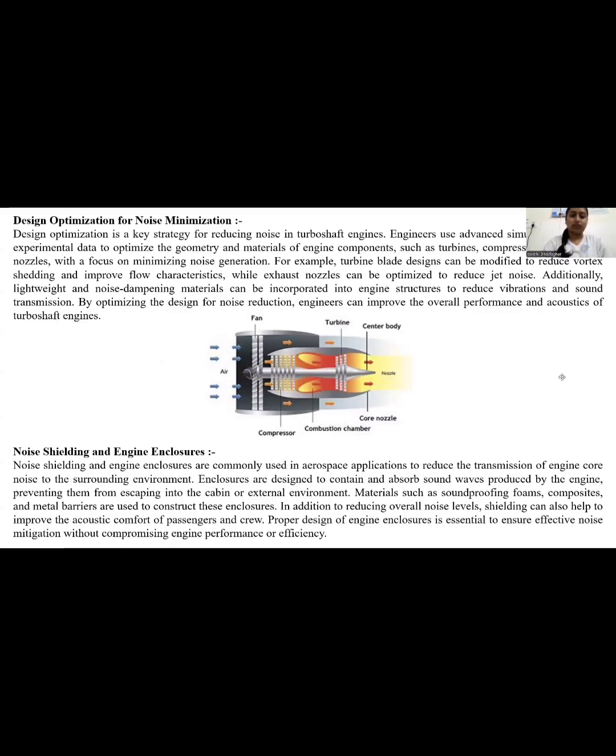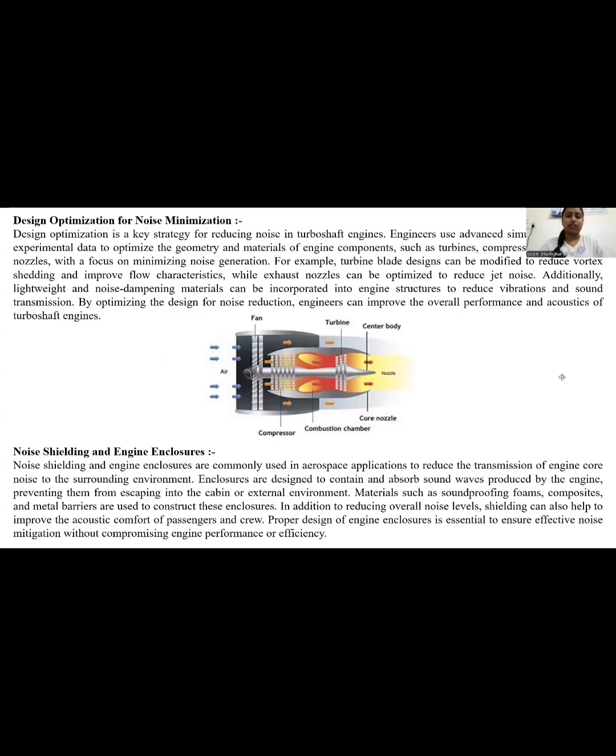So, moving to the next one: noise shielding and engine enclosures. Noise shielding and engine enclosures are commonly used in aerospace applications to reduce the transmission of engine core noise to the surrounding environment. Enclosures are designed to contain and absorb sound waves produced by the engines, preventing them from escaping into the cabin or external environment.